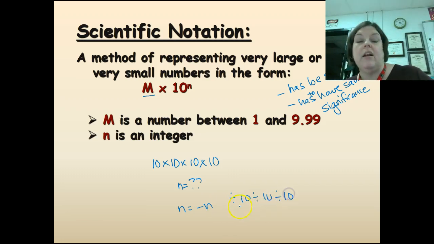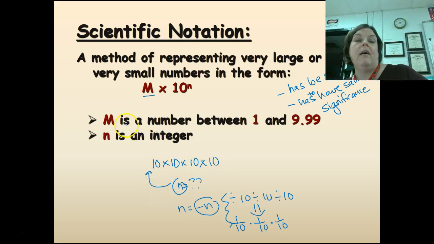And dividing by 10 is the same as multiplying by 1 over 10. So these two facts are the same thing. When n is negative, this is what is happening. When n is positive, this is what is happening.